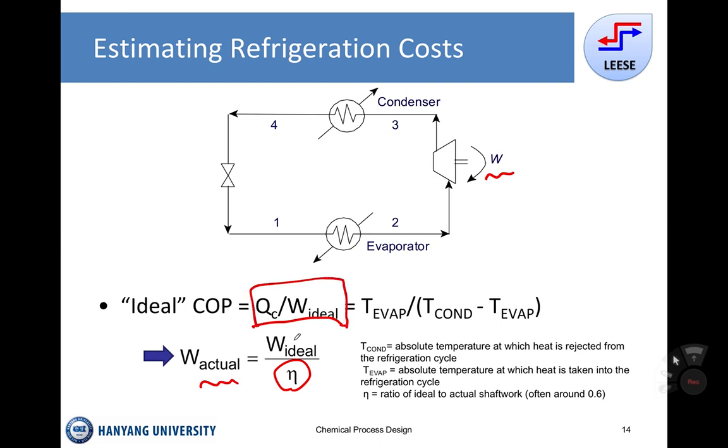Once we have the COP, we can estimate the power requirement. QC is the cooling duty that is typically given. So based on QC, we can estimate this power requirement using COP. Thermodynamically, this is the equation we can use. How do you get this equation? I'm not going to discuss how we get this expression.